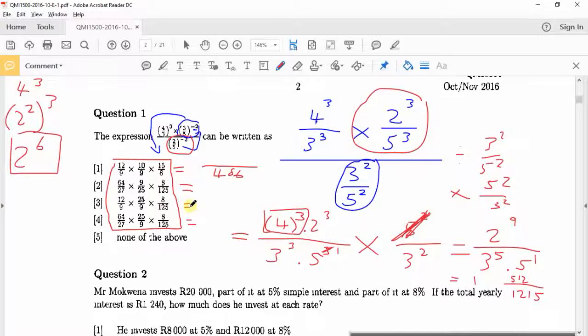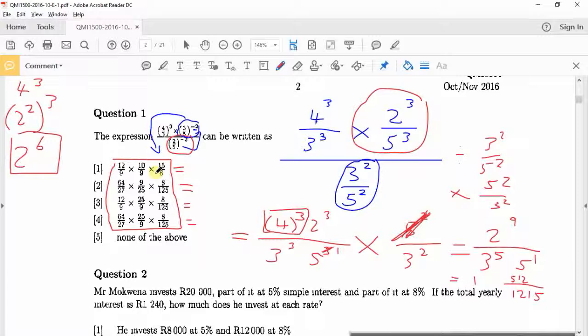I think the best option here, because these are all strange numbers, is to get a decimal. The decimal would be better, because this is not helping either, as the denominators are different.